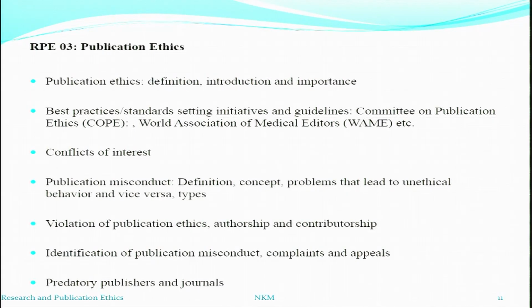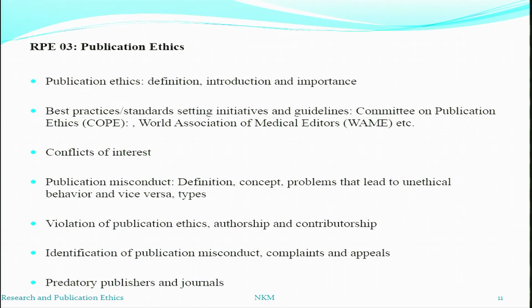And then of course we'll talk about publication misconduct, and we'll try to understand the major problems in publication misconduct, what is the unethical behavior in the publication process, or what causes publication misconduct. And then we'll discuss violations of publication ethics and the rules of authorship and contributorship.